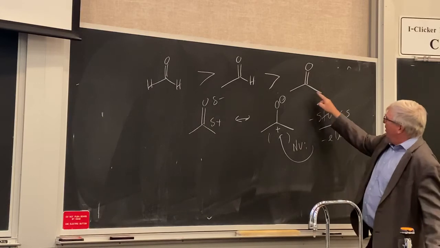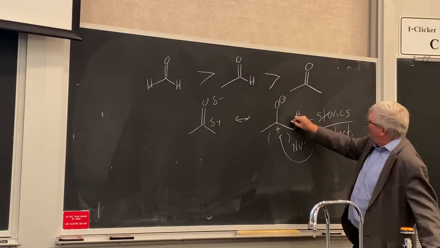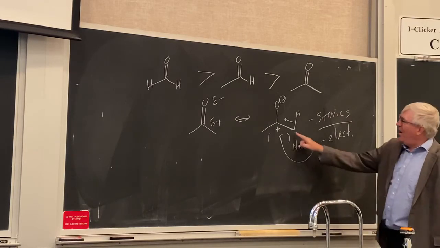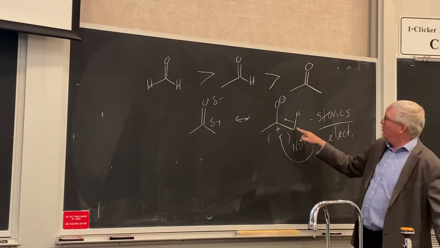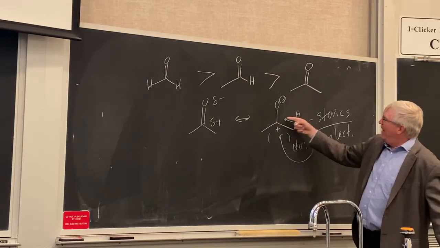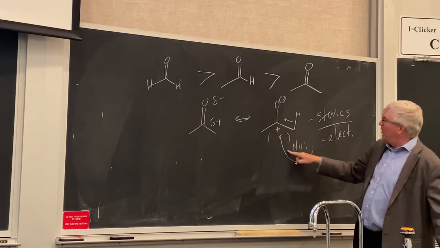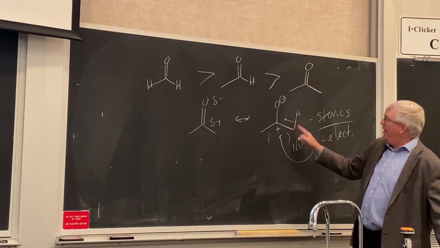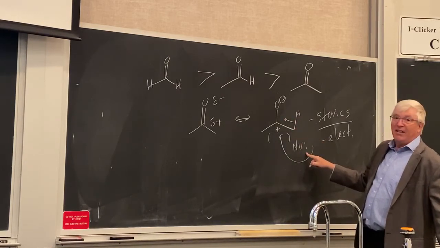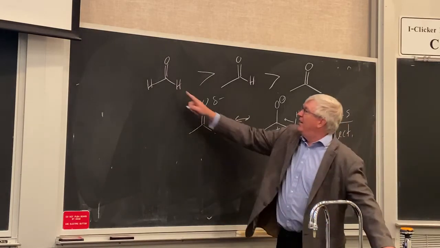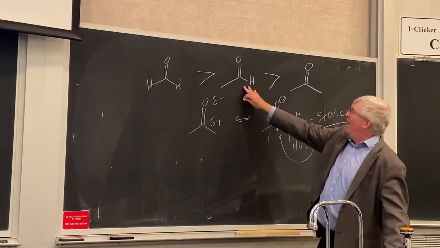If you have an alkyl group here, that's electron releasing by hyperconjugation, right? So the more alkyl groups and electron-rich groups you have here, that can make this more stable or more blocked as far as the nucleophile coming in. You already have this extra stability, and the nucleophile is not as attracted to that. But if it's formaldehyde, you don't have those effects.